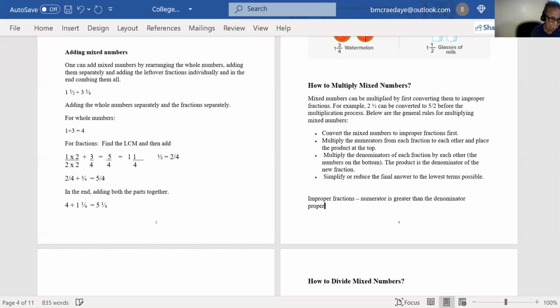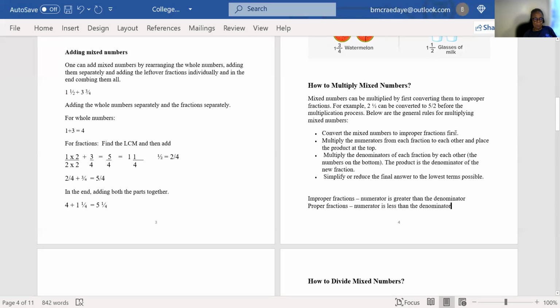Proper fractions: numerator is less than the denominator. Now, it's important to know your terms and their meaning, right? So we convert mixed numbers to improper fractions.